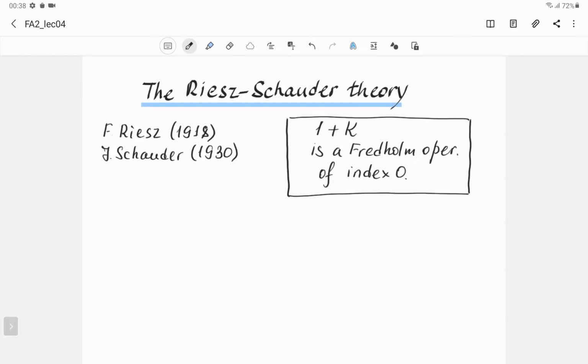Okay, so let's start with some algebraic preparation. Suppose that X is a vector space and T is a linear operator on X. We introduce some notation.